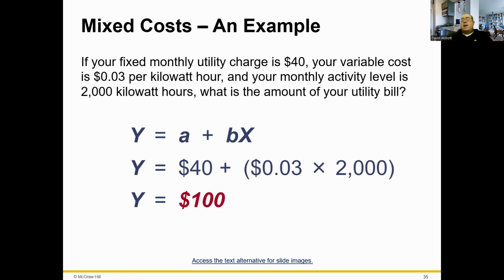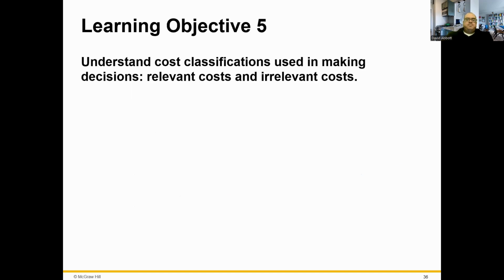Based upon how many copies you make, if one month you make 10,000 copies, it's going to be more than if there's one month and you only had to make 5 copies. So it's a mixed cost where you have a fixed portion and also a variable portion.